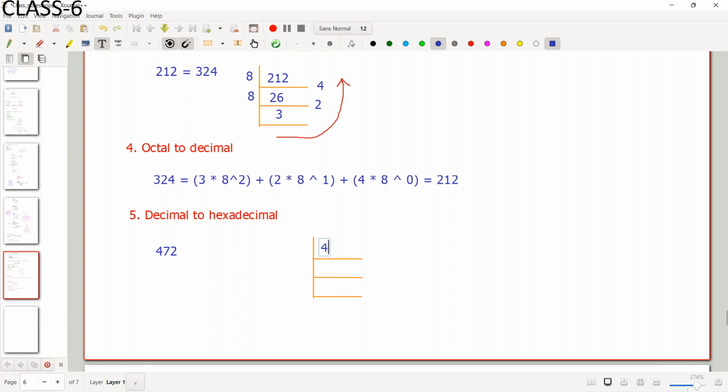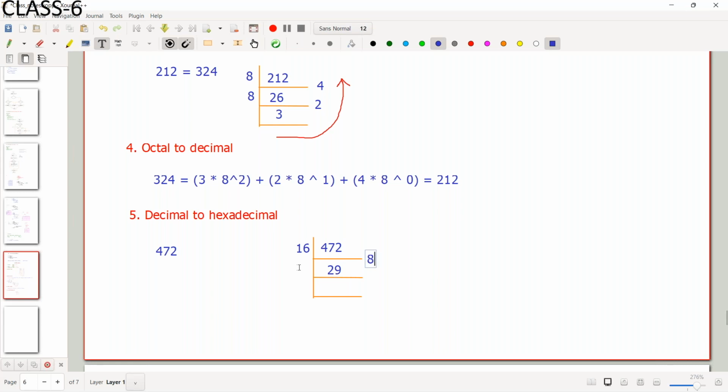So 472 divided by 16. What do we get? 472 divided by 16, 16 29s, and the remainder is nothing but 8.